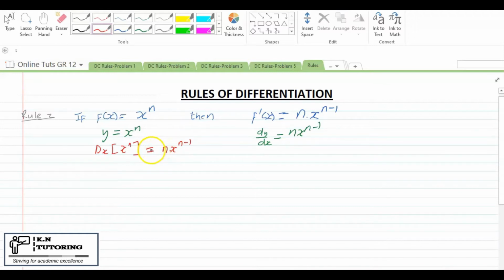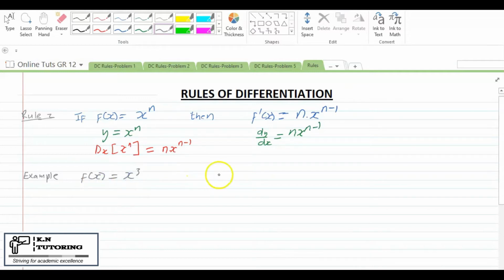I hope you are starting to get a clear picture of how these rules are being used. So let's look at an example. Let's say we are given f of x equals x cubed.